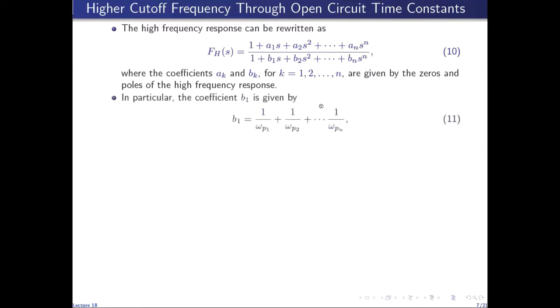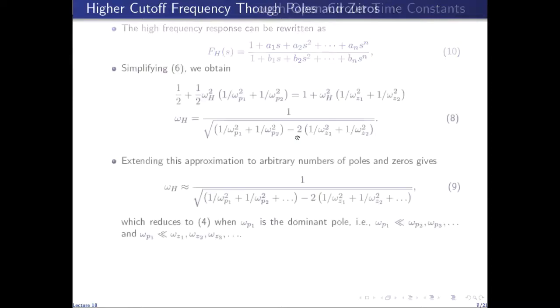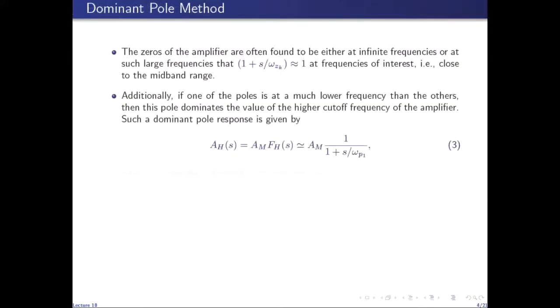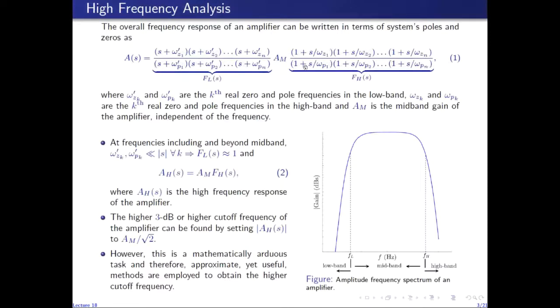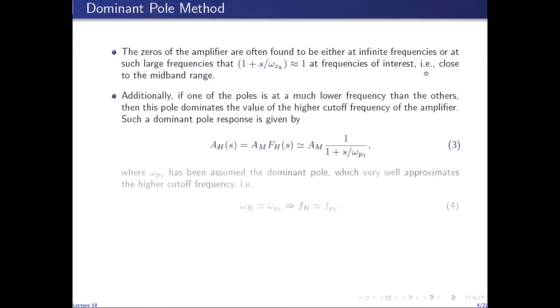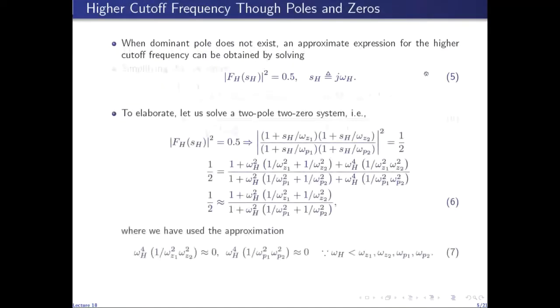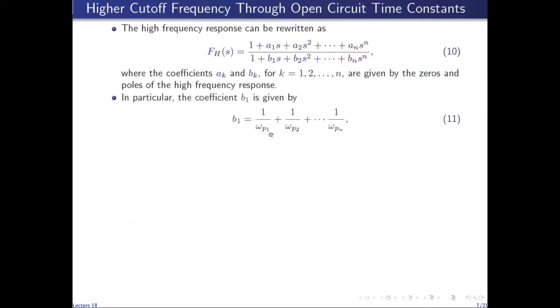So in particular, this coefficient b1, which is the coefficient of s, is given by the sum of the inverse of all omega pk's. So if we go back to the formulation of FH, then if we multiply all of these factors, the coefficient of S will be 1 over omega p1 plus 1 over omega p2 plus 1 over omega p3 and so on. So b1, which is the coefficient of S, is given by the sum of the inverse of the angular pole frequencies.